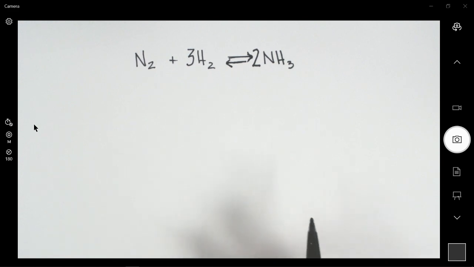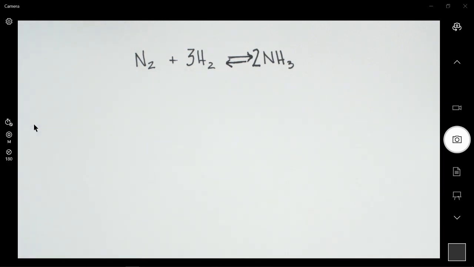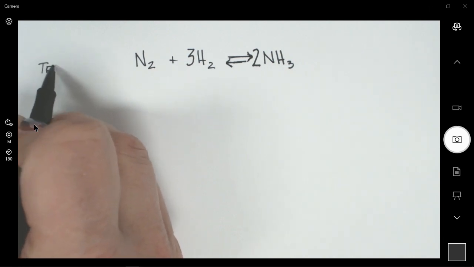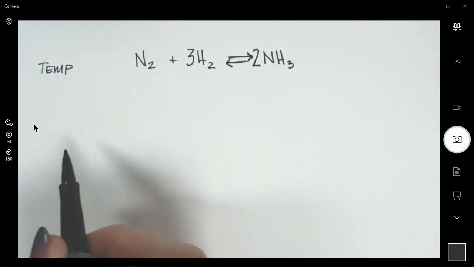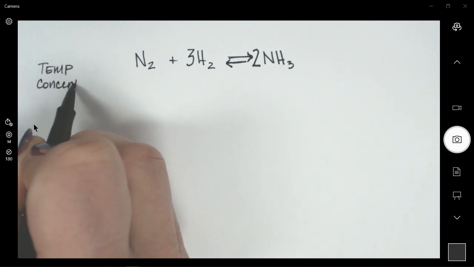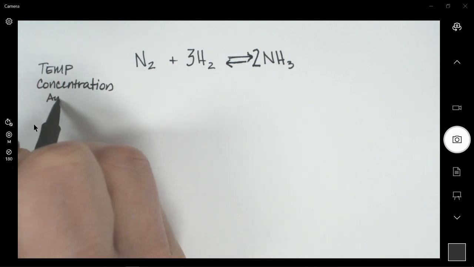So then you can think, what on earth stresses a system? What is a stress to a chemical system? The possible stresses to a chemical system are temperature, concentration, and what concentration means is just amounts.